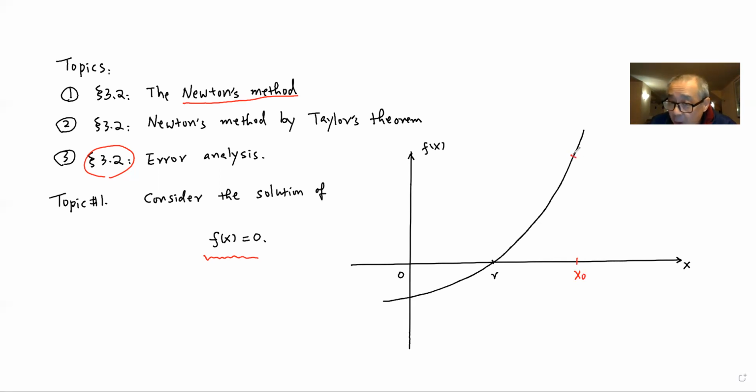Correspondingly, there is a point on the graph of the function f. This point is x0, f of x0, because this point is on the graph of the function, so the y coordinate is the function value. Now, at this point, draw a tangent line.